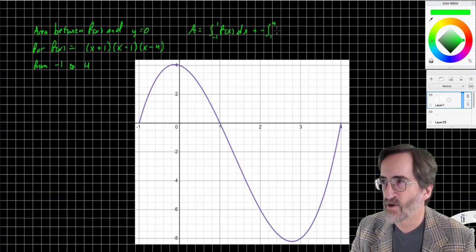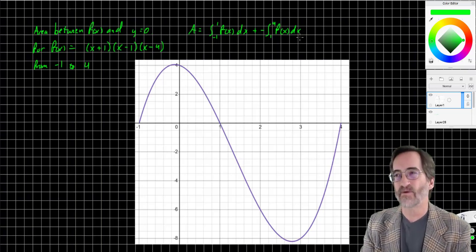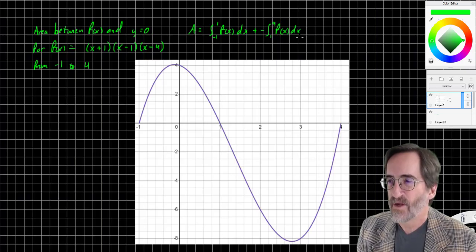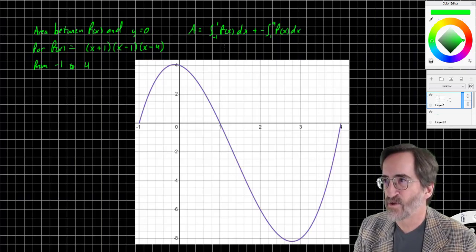And that's because the integral from 1 to 4 is going to be negative, and if we negate it, it'll be positive. The other option is we can simply add the absolute value of it, and that would take care of it as well. All right, let's go ahead and do this here.